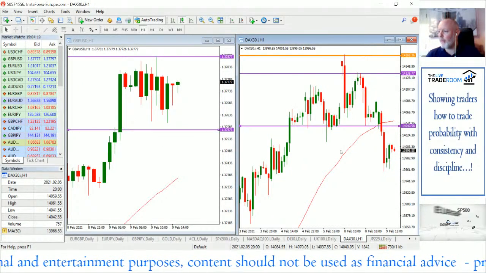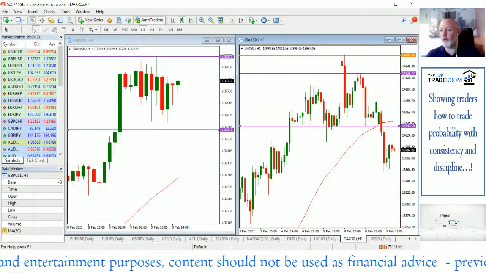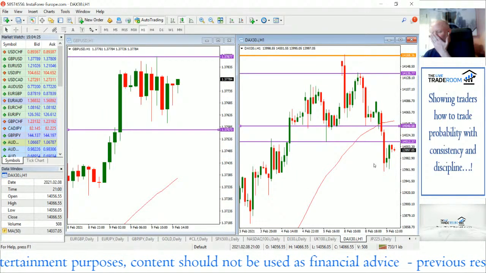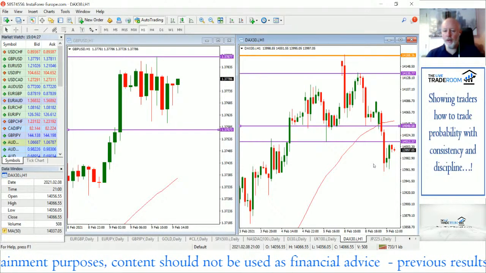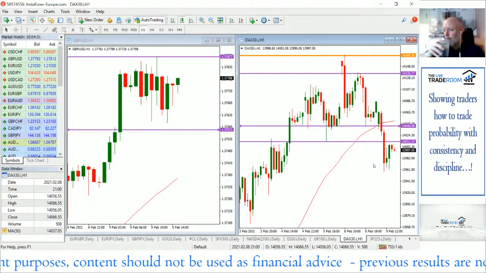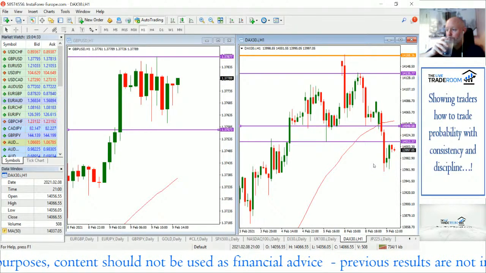So with that in mind, now we can go searching for, at what price do we want to get in? What would represent good value in terms of that move further to the downside?